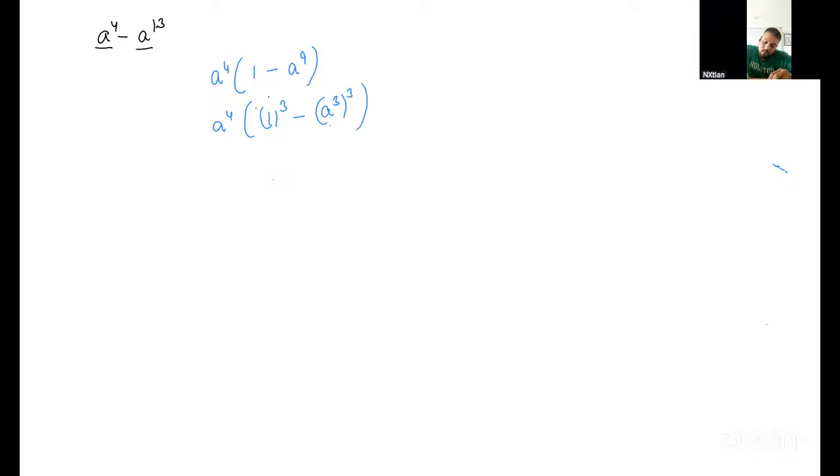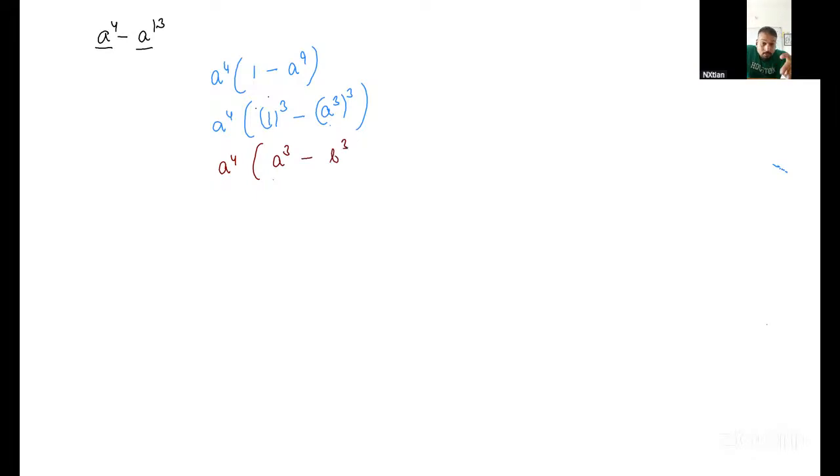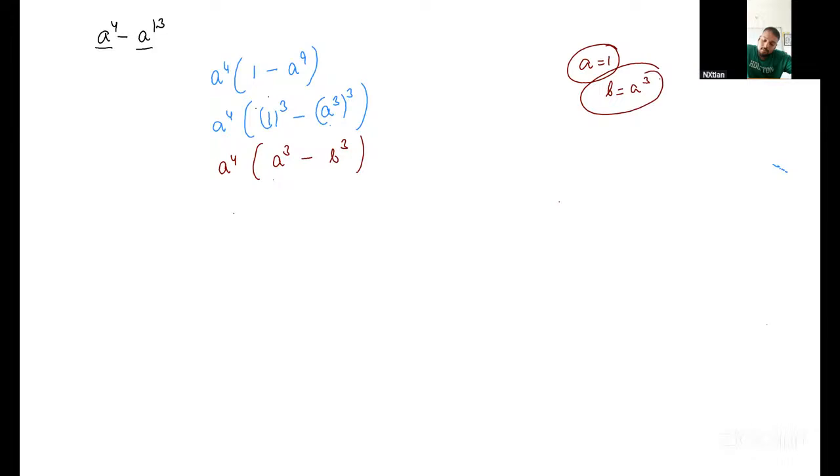Yes. A to the power 9 can also be written as a cube the whole cube, so it is in the form of a cube minus b cube. Now you normally have to use the identity, where a equals 1 and b equals a cube. I just have to write the property: a minus b into a square plus ab plus b square.